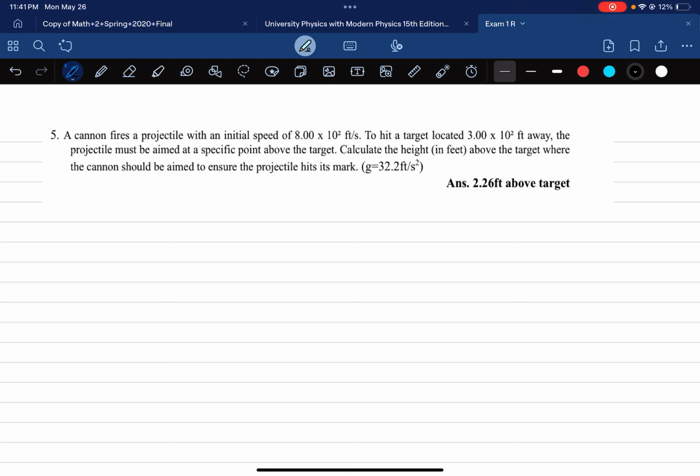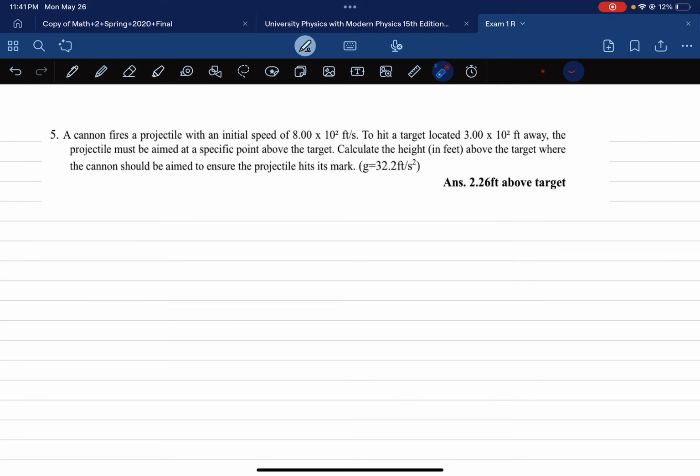It's basically telling us a cannon fires a projectile with an initial speed of 800 feet per second to hit a target located 300 feet away. Whenever we're reading a physics problem, we always write down what's known.